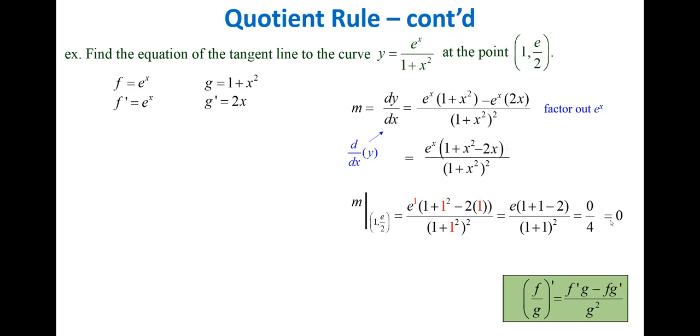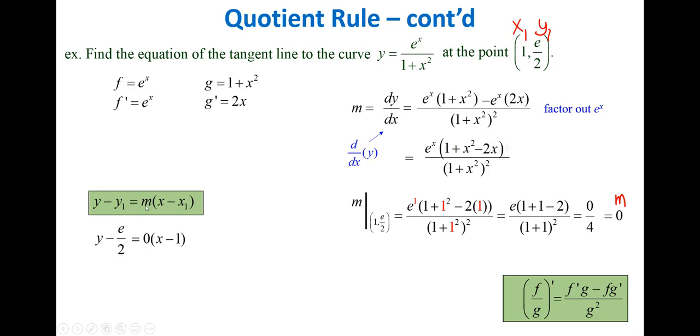Right. So if the slope is 0, then when we plug into the point slope formula, y minus y1 equals m times x minus x1, right. Here's your x1, y1, here's your slope. It would be y minus e over 2 equals, just to be formal, I'll plug it all in the first line, so 0 times x minus 1.